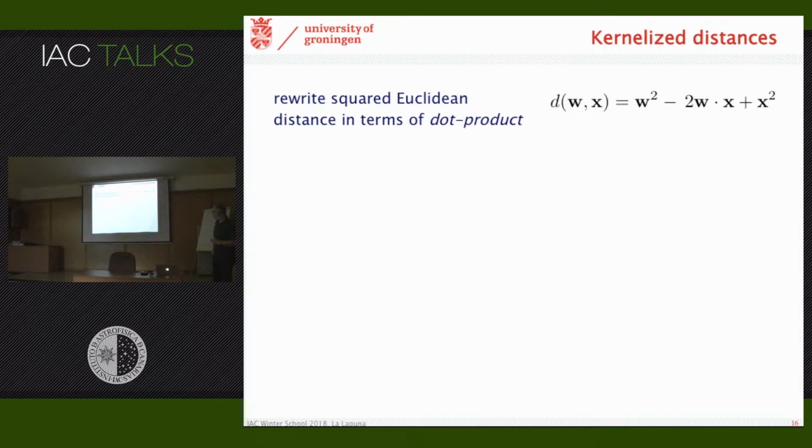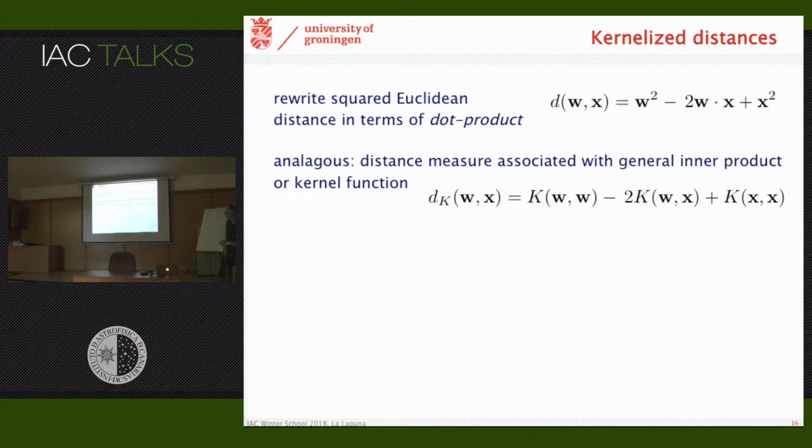What is a kernelized distance? Well, I talked about kernels in the context of the SVM, and in principle, you can write any distance, like the Euclidean distance, obviously. You can also write it relating it to a dot product. So if you work out the squared Euclidean distance between the input vector x and the prototype w, then this is it, right? And here we have the dot product as part of that.